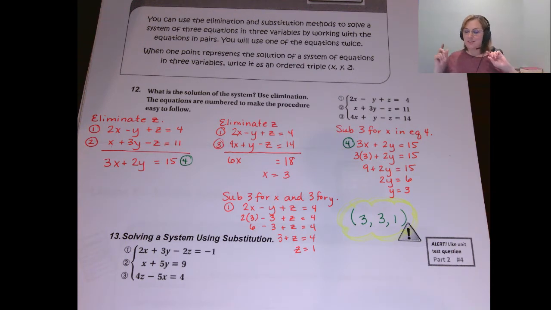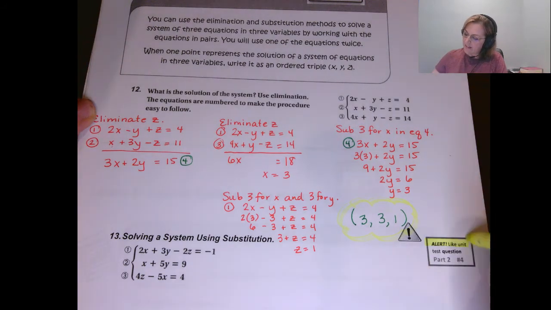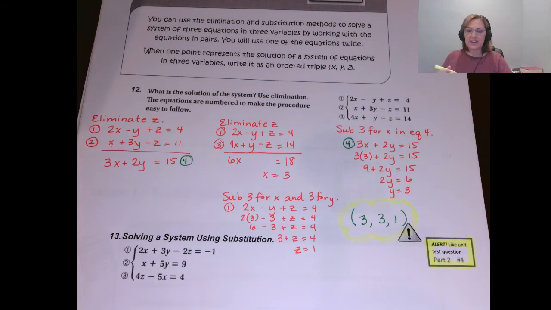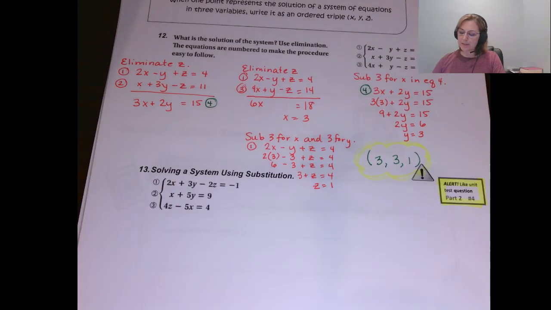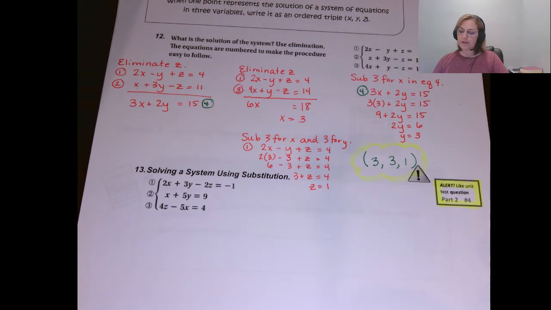All right, let's take a look at one more. This time we're going to use the substitution method, but before I do that, I want to highlight that this problem is key to taking test question part 2, number 4. In this one, we're asked to do the substitution method.